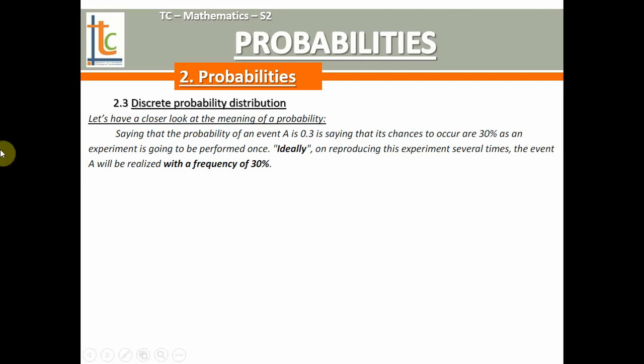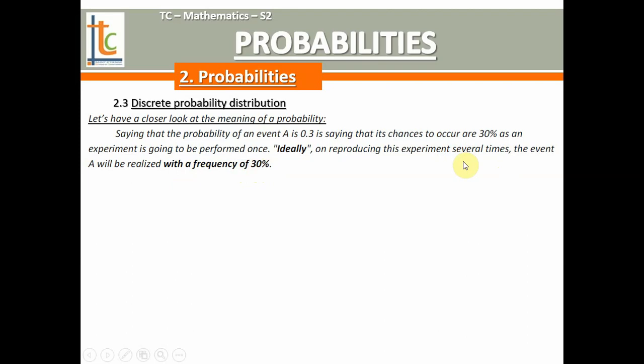So let's read the second sentence. Ideally, on reproducing this experiment several times, the event A will be realized with a frequency of 30%. So you can see here that we're talking about several times and maybe a large number of times.